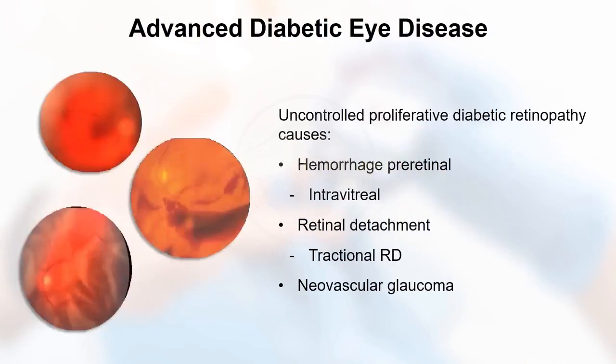Advanced diabetic eye disease: uncontrolled proliferative diabetic retinopathy causes hemorrhage, retinal detachment or neovascular glaucoma. There is either pre-retinal or intravitreal hemorrhage. The retinal detachment is tractional retinal detachment, and finally neovascular glaucoma can also occur.